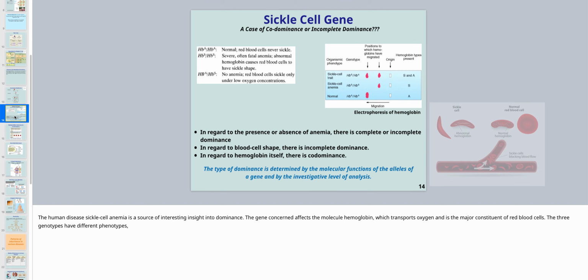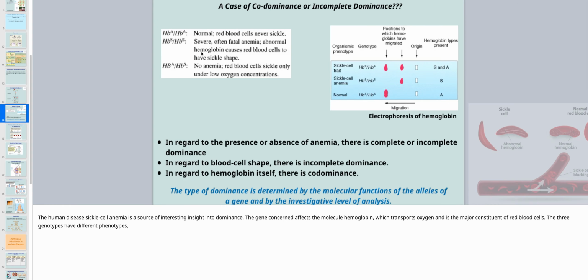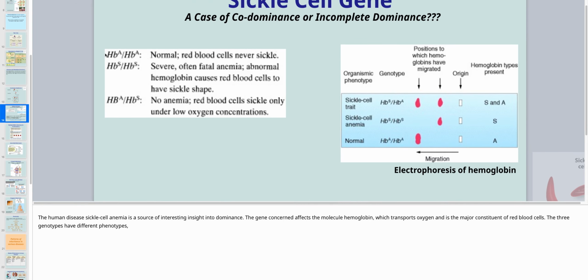Sickle cell anemia, sickle cell gene. This is another case that illustrates the concept that codominance and incomplete dominance are not necessarily mutually exclusive of one another. Normal people have this hemoglobin gene.